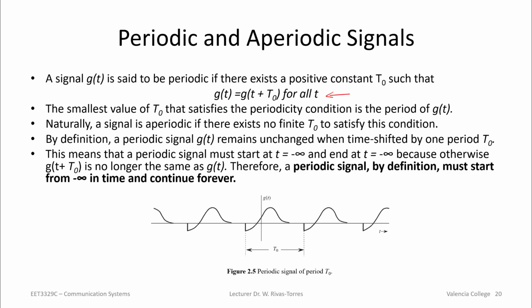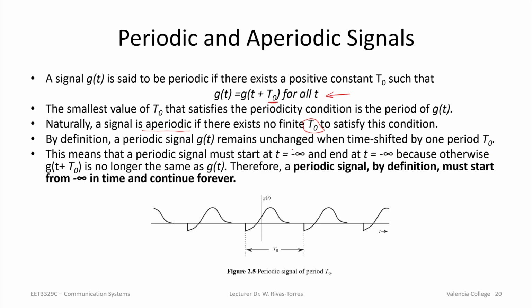A signal is periodic if at some future time t0, the signal repeats, or it is equal to itself at any increments of t0. It's always going to be the same. That's the definition of periodicity, right? A signal is aperiodic, or non-periodic, some people call it, if there's no value of t that satisfies the above condition.